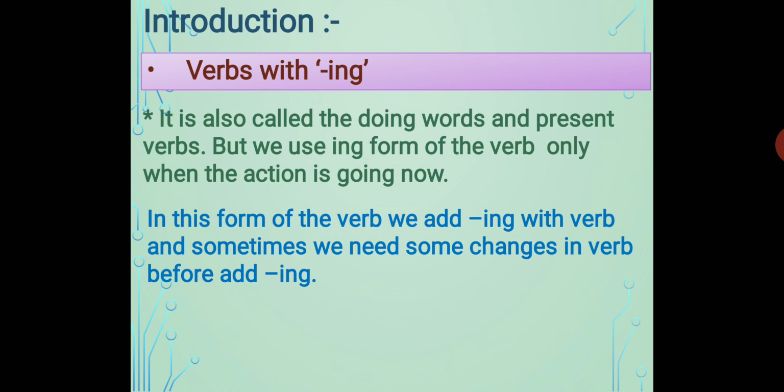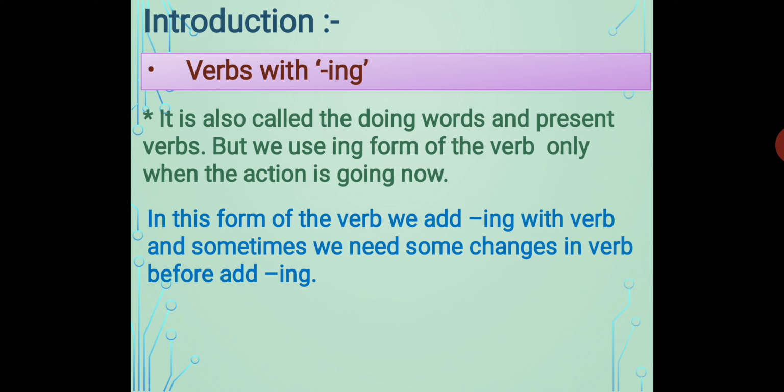In this form of the verb, we add ing to the verb, and sometimes we need some changes in the verb before adding ing. It means that we do not simply add ing to all the verbs. Most of the words we simply add ing to and make them in the ing form of the verb.